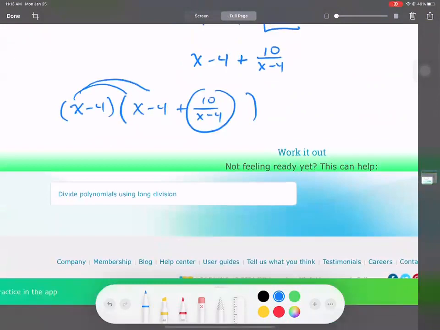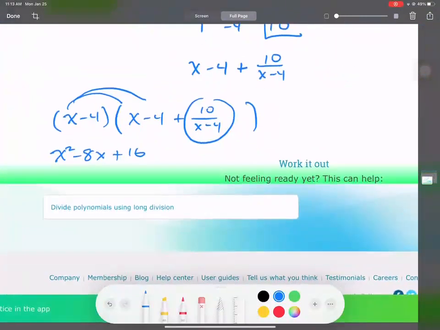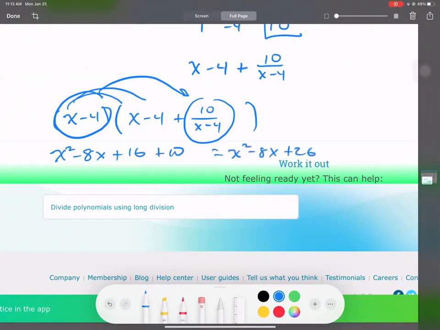So the front gives x squared minus 8x plus 16. And if I multiply the fraction by x minus 4, do you see how they have the same denominator? X minus 4 divided by x minus 4 leaves me a 10. So we're left with x squared minus 8x plus 26, which is our original problem.